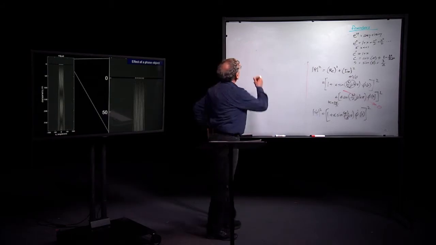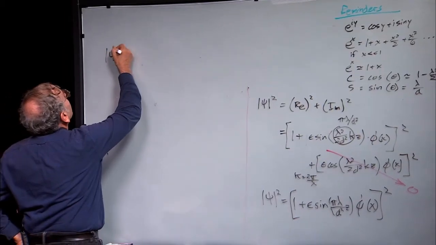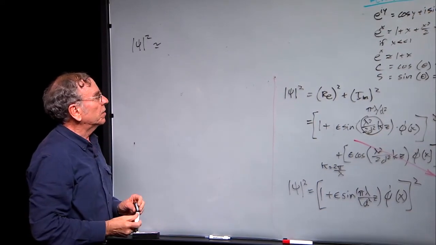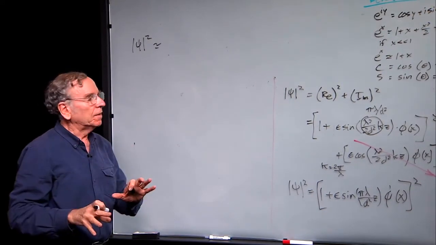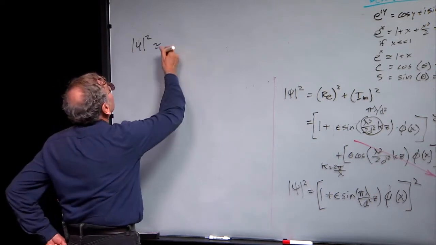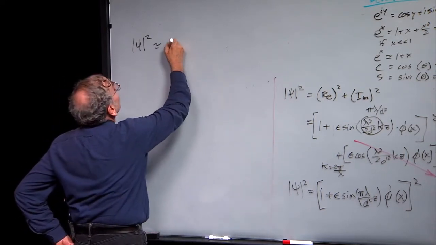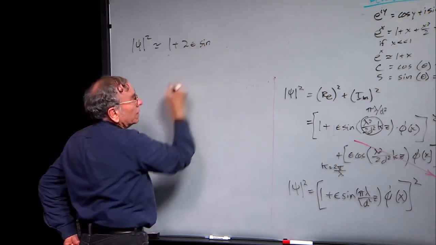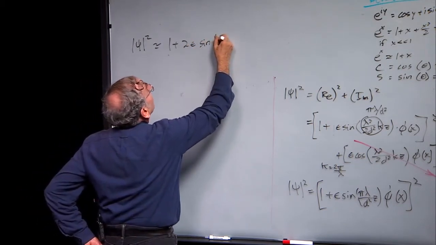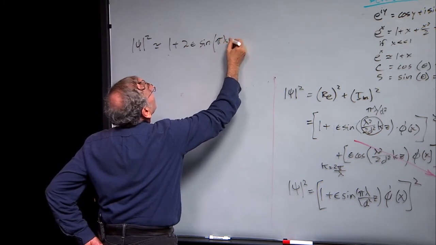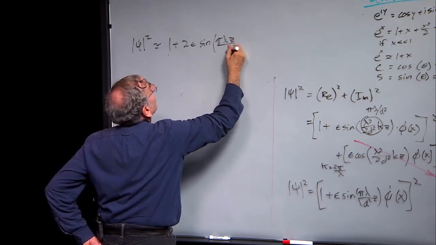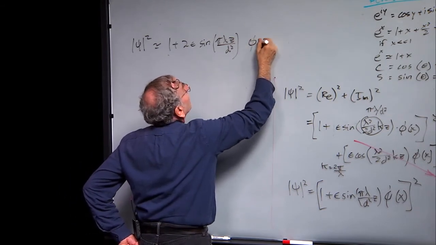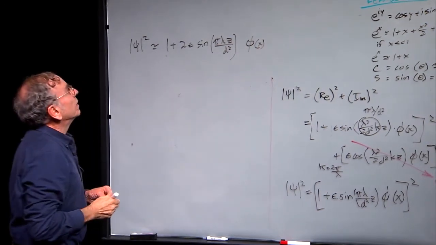So the final result is going to be that the magnitude squared of the wave function, after we've made these various approximations, all making use of the fact that epsilon is small, is going to be 1 plus 2 epsilon times this sine function, pi lambda z over d squared, all times my original grating function, phi.